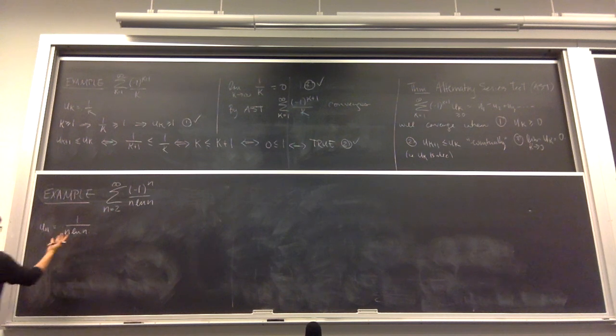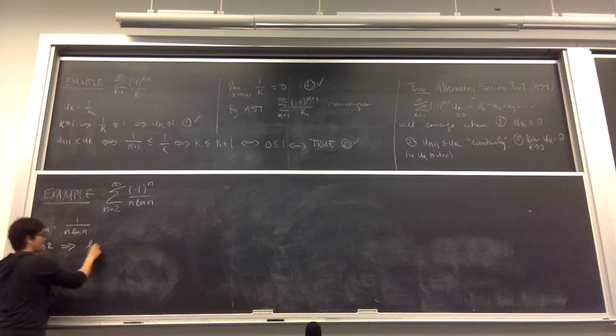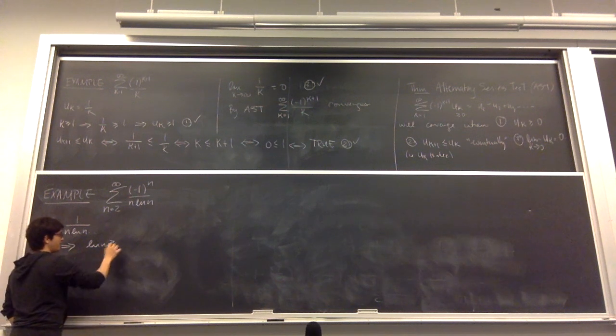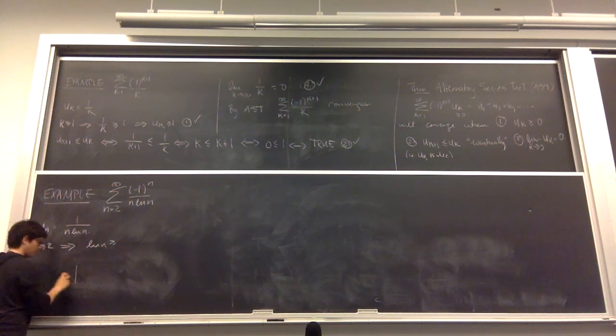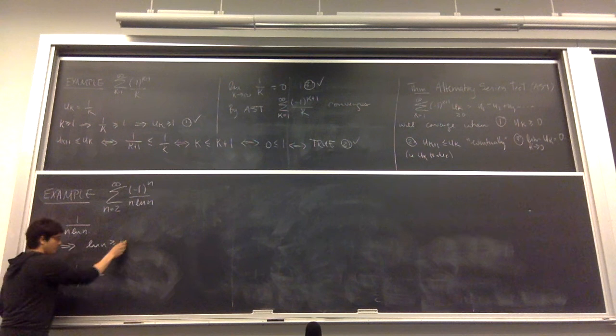Is this positive for all n? Yeah, maybe we should do a little bit more work here, right? So if n is greater than or equal to 2, this implies that ln n is greater than or equal to 0, right?